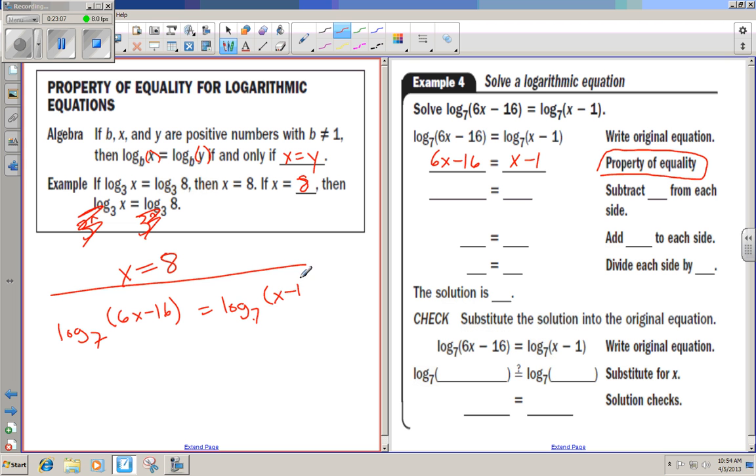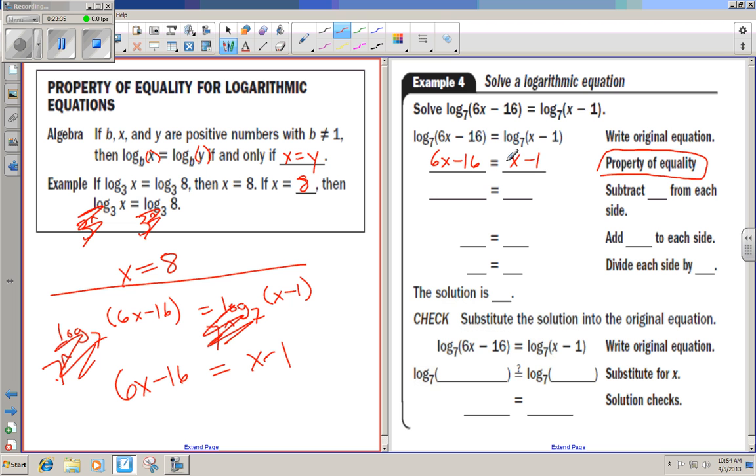What undoes a logarithm? An exponential of the same base. That cancels, leaves us with 6x minus 16. This cancels out, leaves us with x minus 1. So either way works.